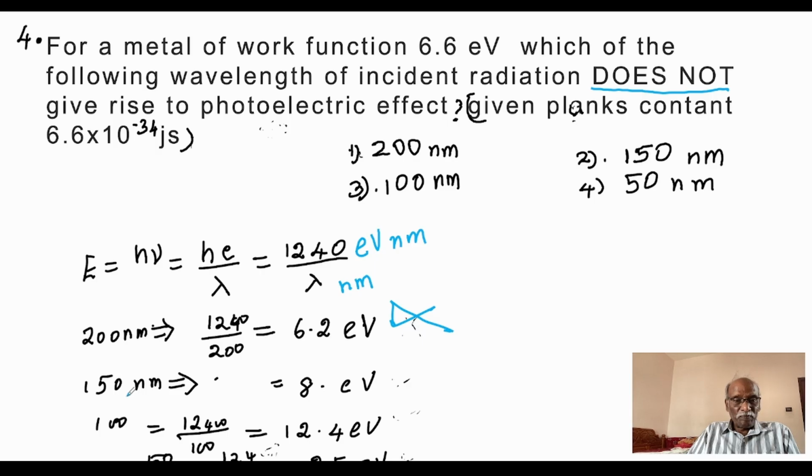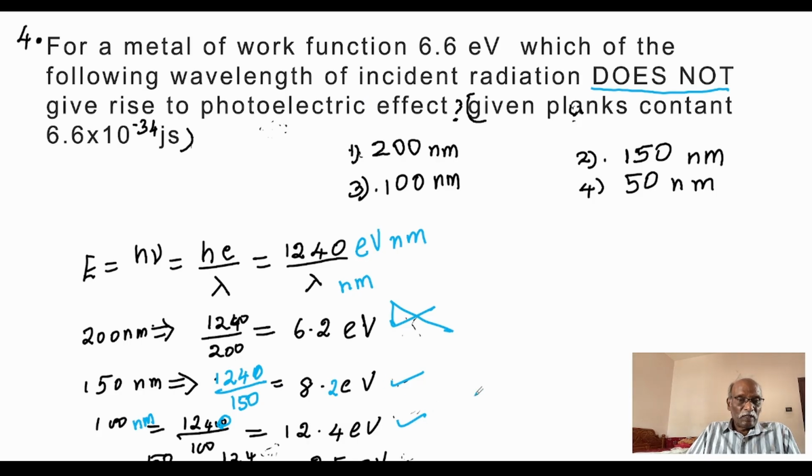In the case of 150 nanometer, 1240 by 150 roughly comes around 8.2 electron volt. This is more than the required 6.6, and hence it can produce photoelectric effect. Another case, 100 nanometer: 1240 divided by 100 is 12.4 electron volt, which is very much higher than the required 6.6 electron volt.